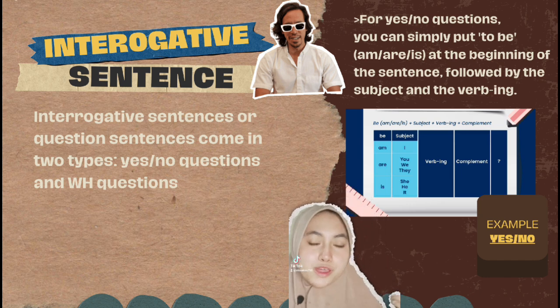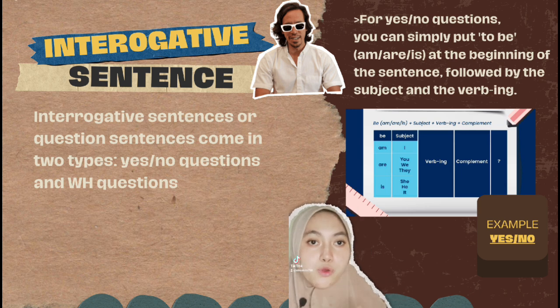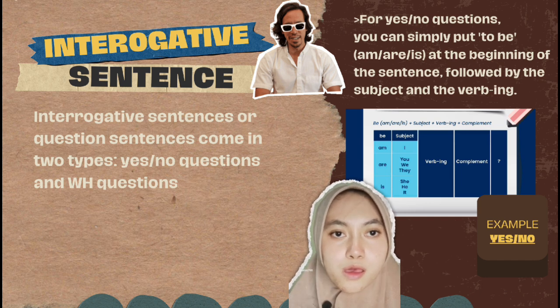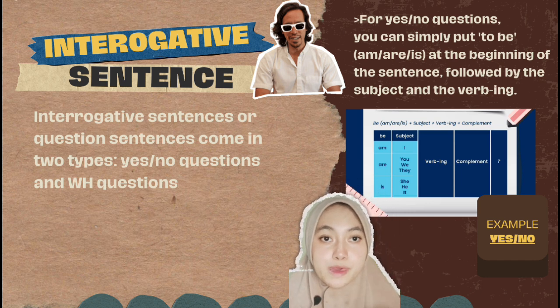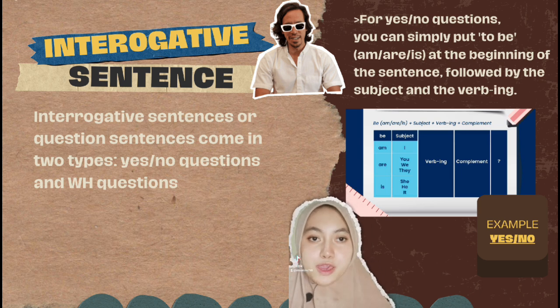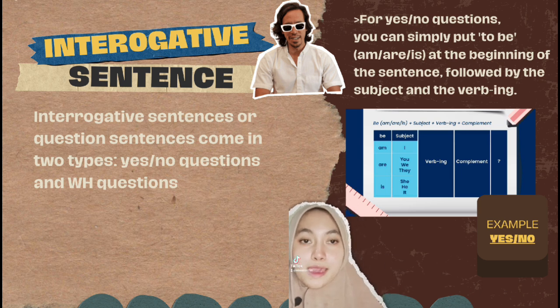Simply, a yes or no question is a question whose answer is just yes or no, and you can simply put to be, am, are, or is at the beginning of the sentence, followed by the subject and the verb-ing at the end.